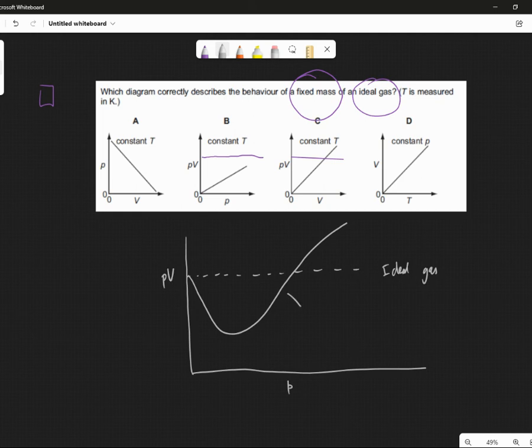But for a real gas, this happens. The deviation from ideality is caused by intermolecular forces. An ideal gas doesn't have any intermolecular forces, so it doesn't dip, but a real gas does.